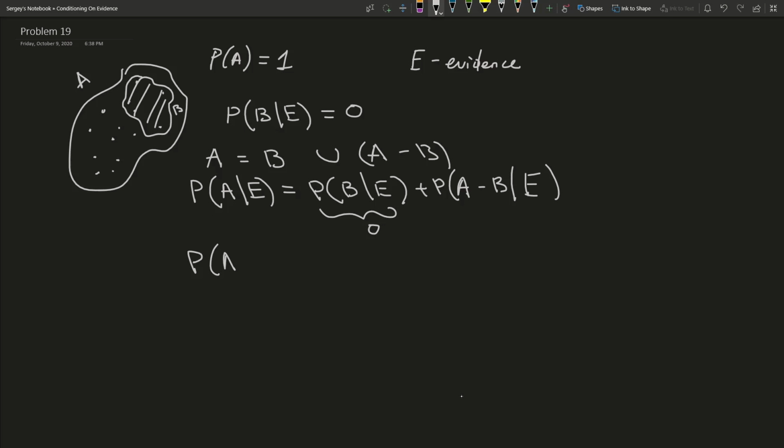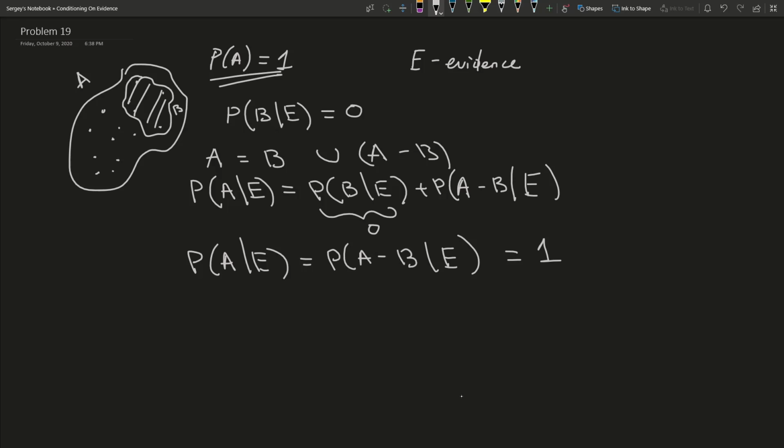So the probability of A under the evidence is just the probability of A minus B under the evidence, which is in turn equal to 1, because our assumption was that Sherlock Holmes considers all the possible scenarios.